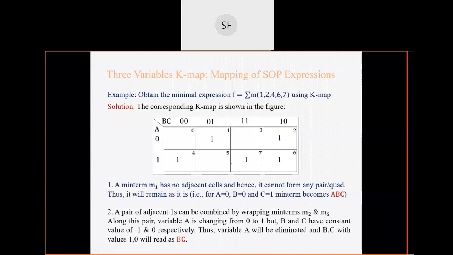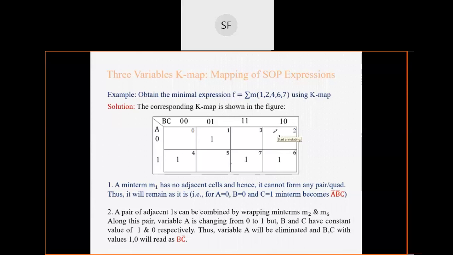Now the remaining is pairs. Now you have to form the pairs. So how will you form the pairs? For that you have to observe the adjacent ones.